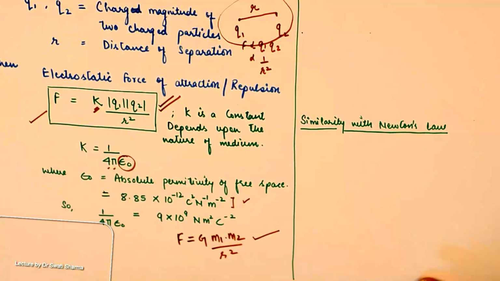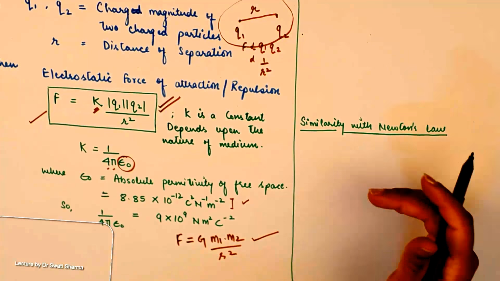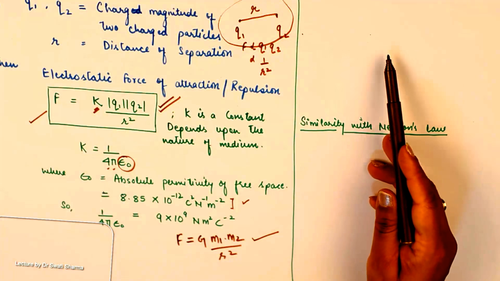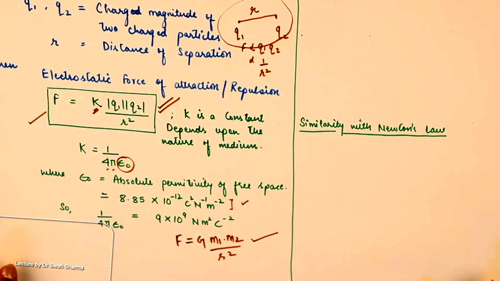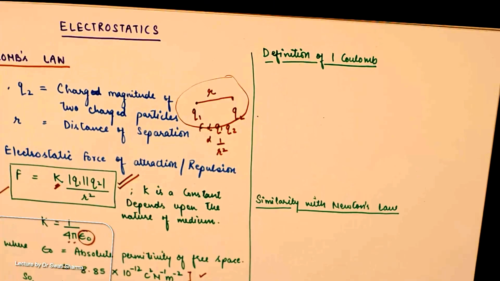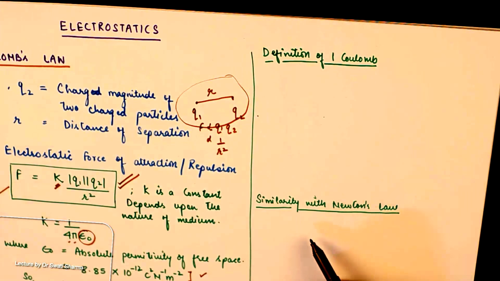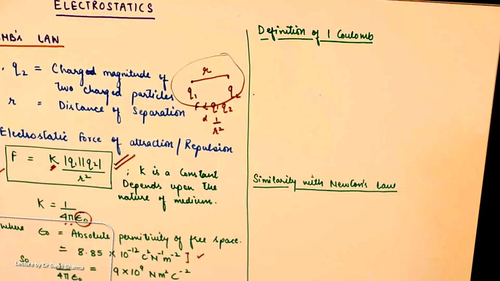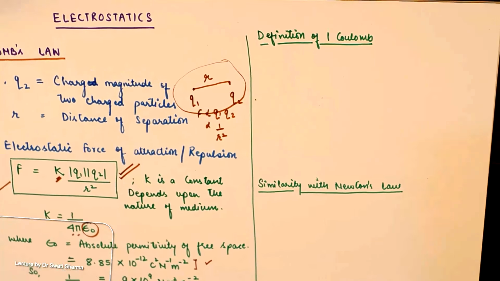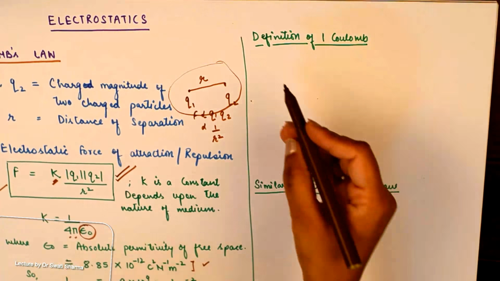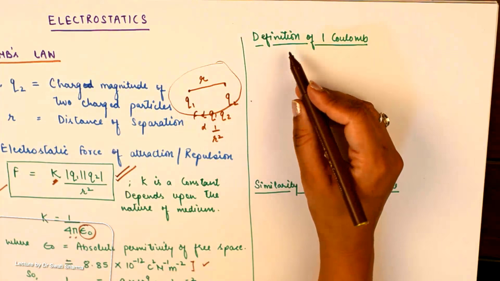And now I'll talk about the definition of 1 Coulomb. What exactly is 1 Coulomb? When I want to define 1 Coulomb, I would take up Coulomb's law.